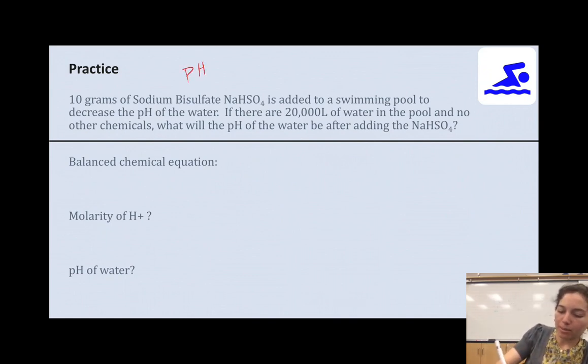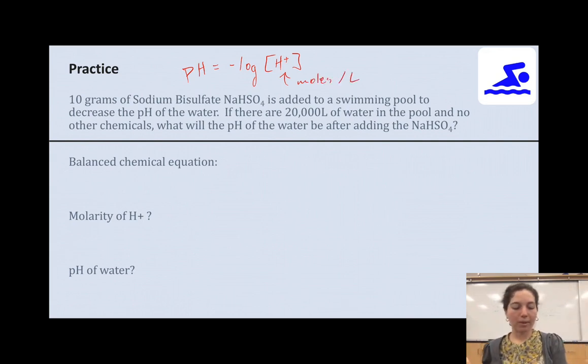I'm going to go ahead and write this up here so you don't forget it. H+ concentration, remember this is in moles per liter. Okay, so I'm going to ask you to solve this one. Whenever you maintain your pools, a lot of times you have to maintain the pH of the swimming water. One of the chemicals we can use to lower our pH in a swimming pool is sodium bisulfate.